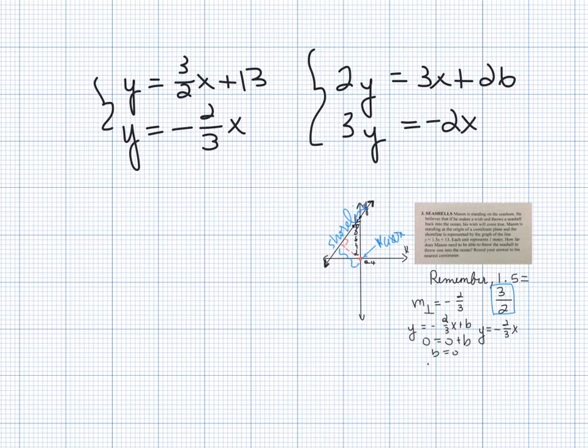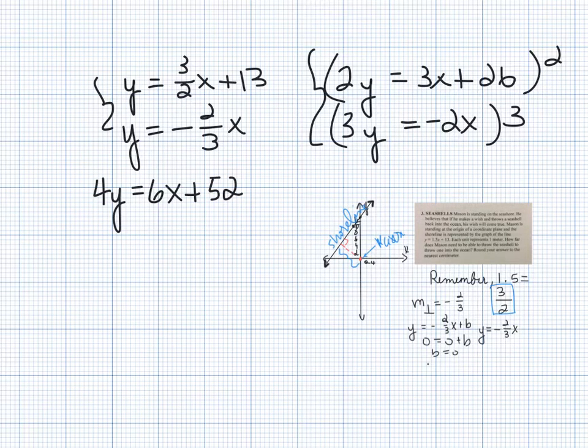And so now I'm going to multiply the first equation by 2 and the second equation by 3. So I get 4y equals 6x plus 52. And I get 9y equals negative 6x.